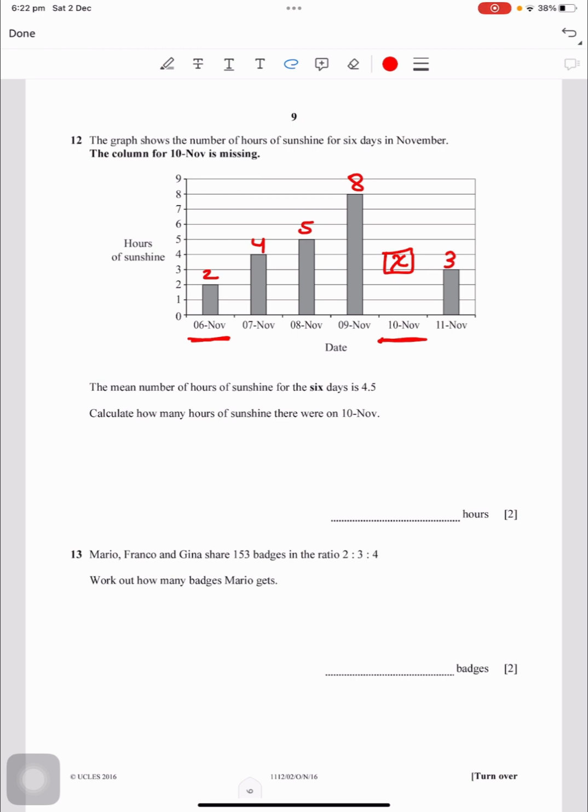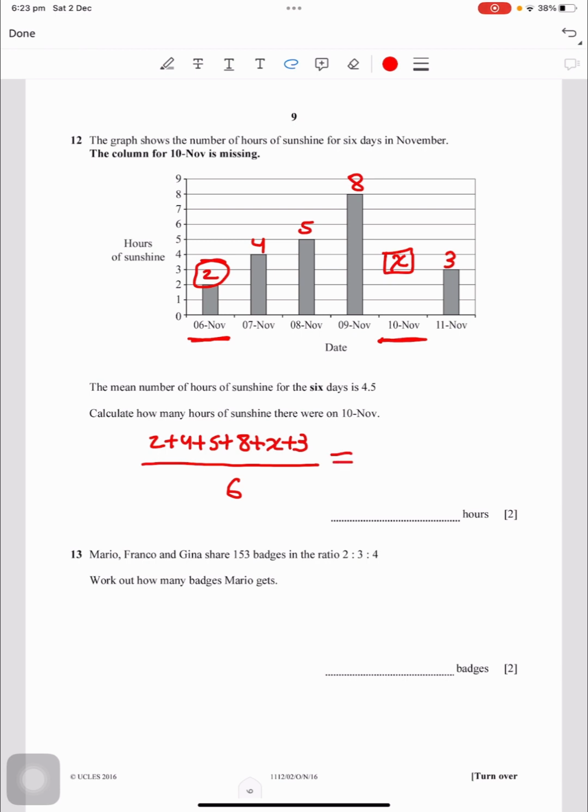So for this, what we can do is we can first add all of these, the hours of sunshine. So 2 plus 4 plus 5 plus 8 plus X plus 3. So we can write this. And there are total 1, 2, 3, 4, 5, 6. So we can divide this by 6. And this is equal to, let's see.